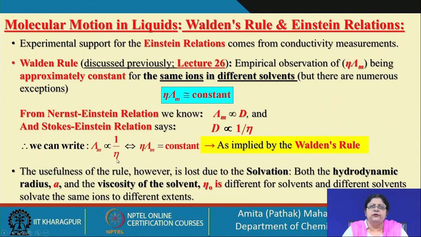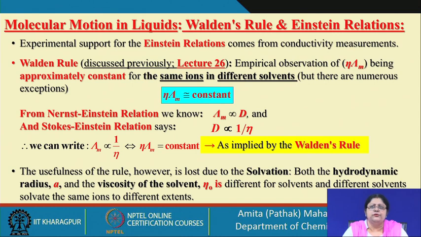We can write eta naught to make it clearer, because we mean the viscosity of the solvent medium. So eta naught into the molar conductivity of the electrolyte should be a constant if there are no exceptions associated, and we are verifying by the equations we have derived what we talked about previously, and that is what we know as Walden's rule.